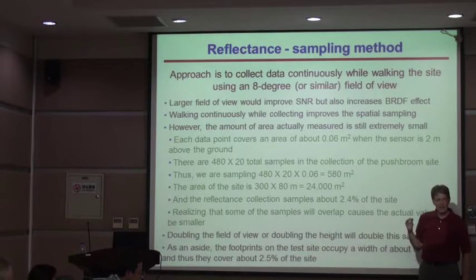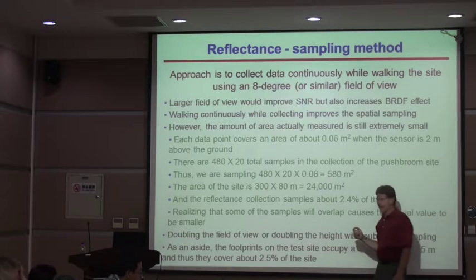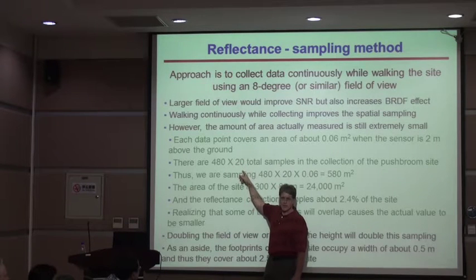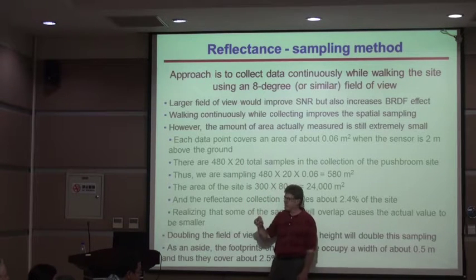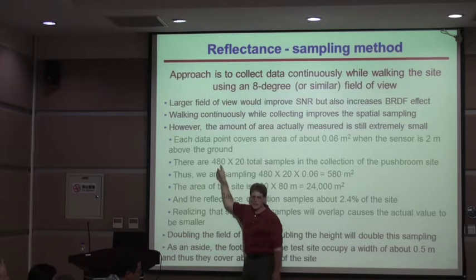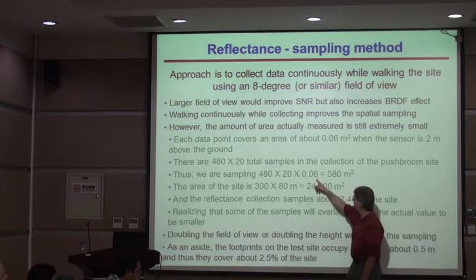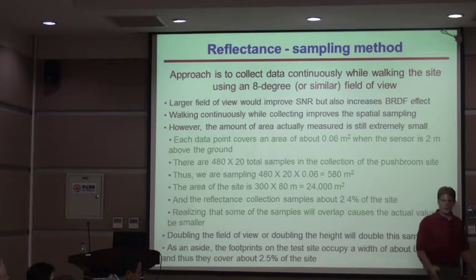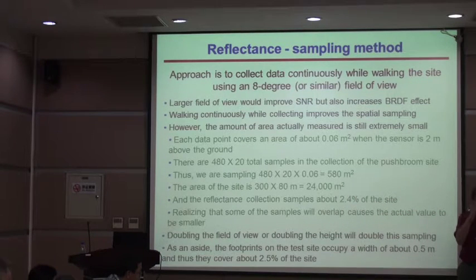So each individual data point is an integration of 20 samples from the spectrometer, and that gets saved as a single file, and we do that 480 times. So you essentially have 580 square meters that you're covering, assuming that each of those 20 are separate, so there's no overlap.